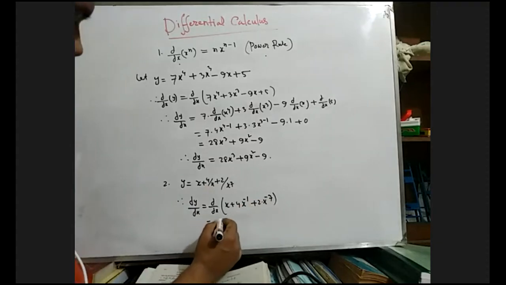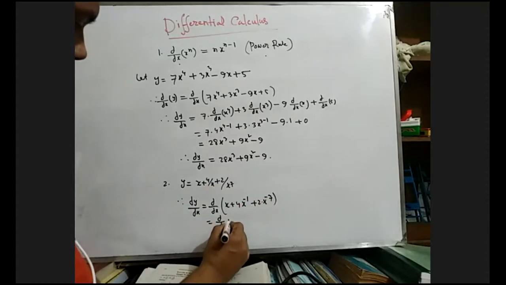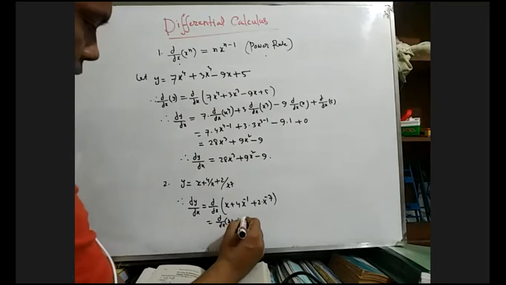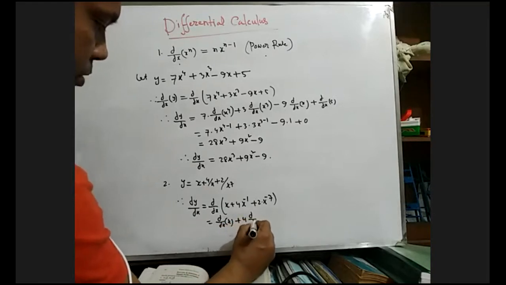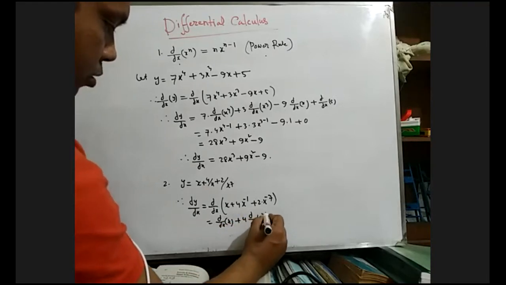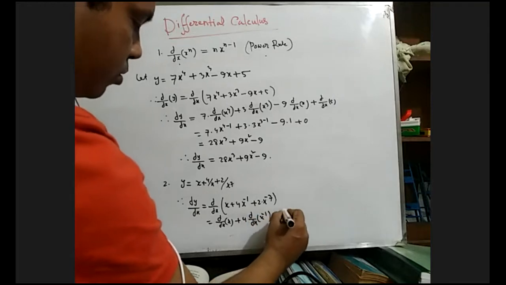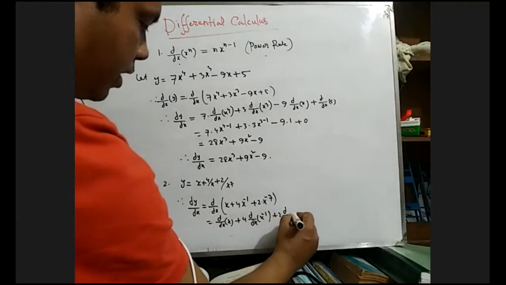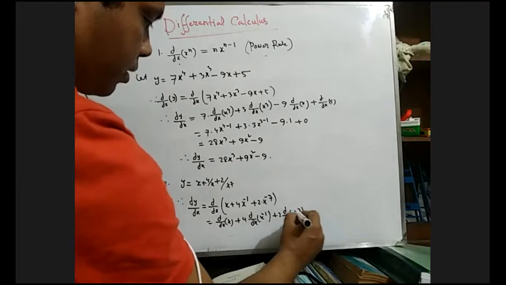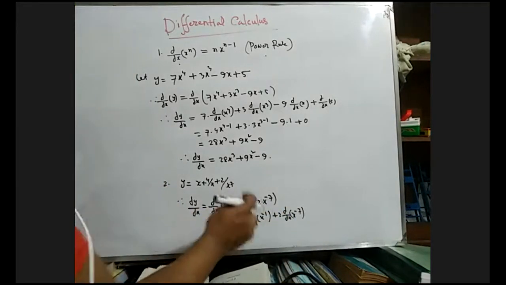So this can be written as d/dx of x plus, using the constant multiple rule, 4 times d/dx of x to the power minus 1, plus 2 times d/dx of x to the power minus 7, just arranging and multiplying each term with d/dx.